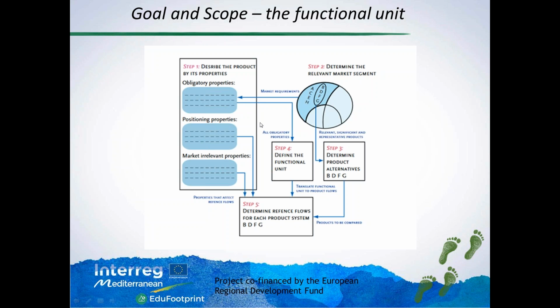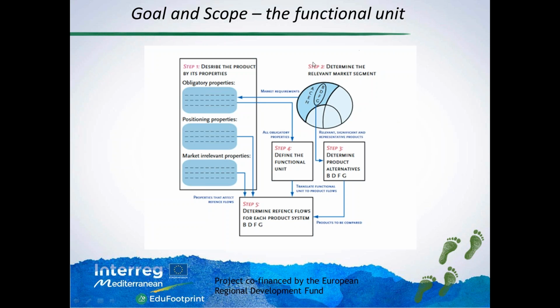Then there are the positioning properties and the market irrelevant properties, which are useful to define your reference flows. Then there is step 2, which is to determine the relevant market segment, because there are, in this case, 2 alternatives, the paper system and the air system.